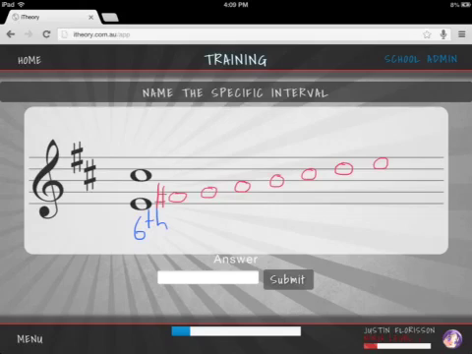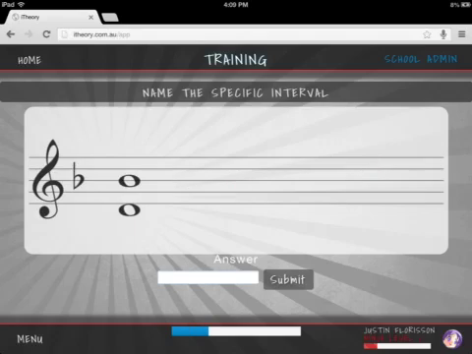Father Charlie goes down. Alright, so I've got a C sharp because of the key signature, and C sharp is in here. So this is my major scale, so therefore this interval must be a major. So this is a major sixth. That's pretty good. If it was a minor sixth, then you would need to see a natural sign in there, or no key signature.